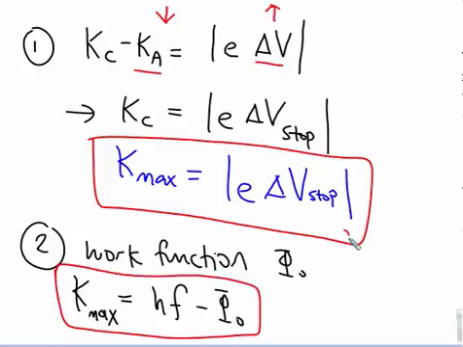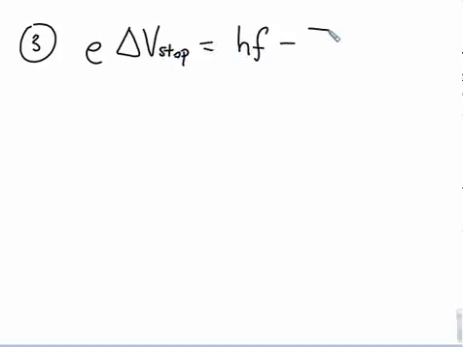Now the third important relationship comes from combining these two relationships. Essentially what we'll end up with is this: E times the stopping potential equals HF minus the work function.